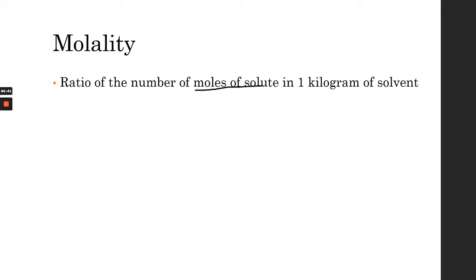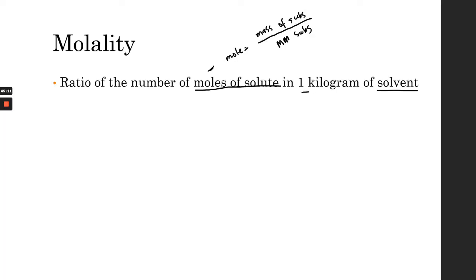So we're dealing with moles of solute again. Remember, moles is equal to the mass of your substance divided by the molecular mass of the substance. And then we are dealing with solvent, not solution.